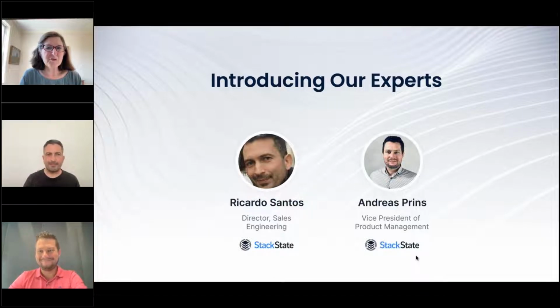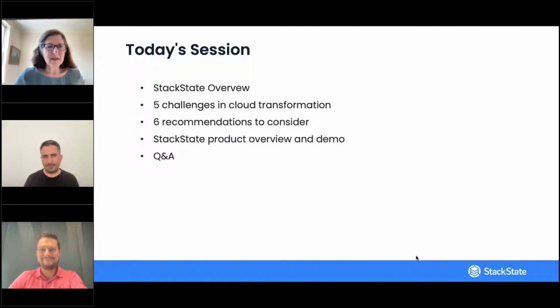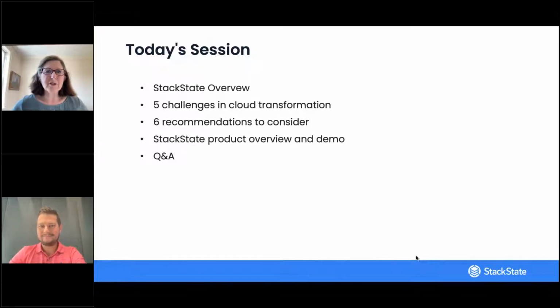So let's just go through a quick overview of what we're going to cover today. We'll start with a brief overview on StackState. Many of you joining today may not be super familiar with who we are and what we do, obviously connected to observability. We'll then go through some foundational information before we jump into actually getting started with observability.